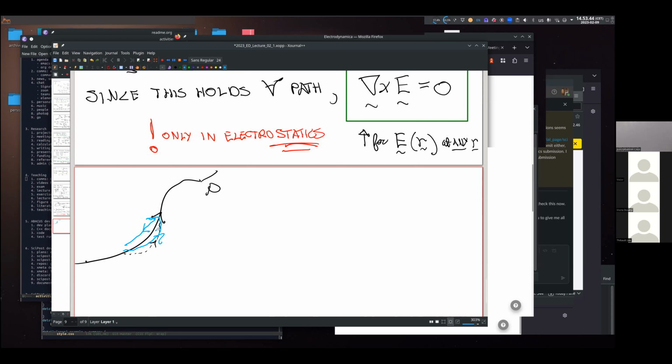If the curl is 0 everywhere, then it doesn't matter, because this line integral corresponds to the integral of the curl of your field in that little area, which is 0. So that's how you can visualize it. I don't know if that helps, but that's where it comes from. I'm not sure this drawing is going to make the editor's cut, but it's just an illustration to show you where things related to the curl come from.